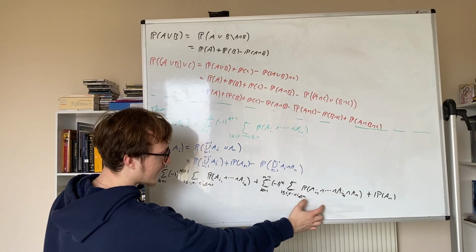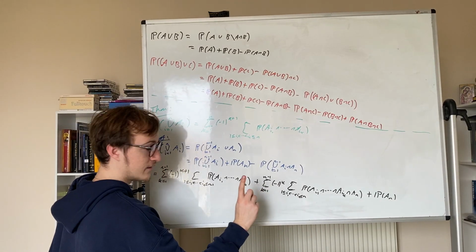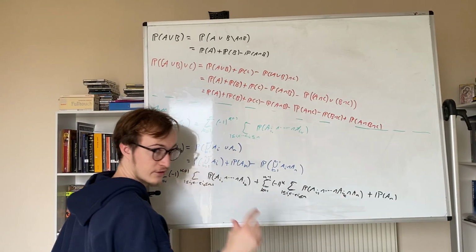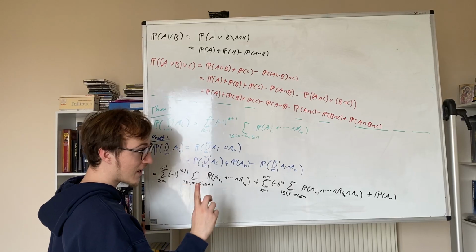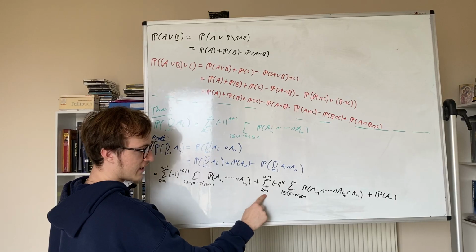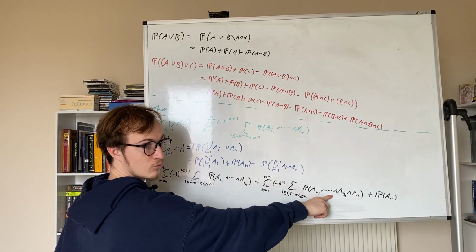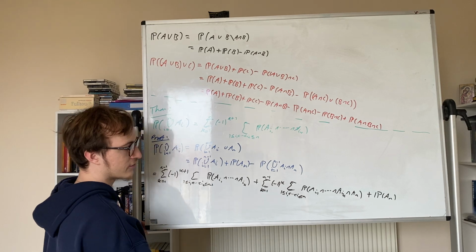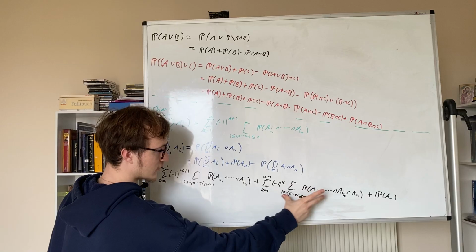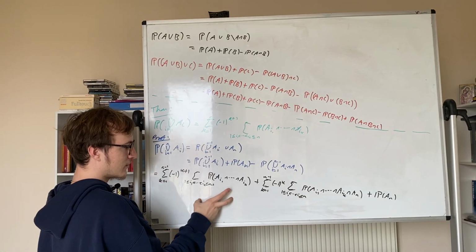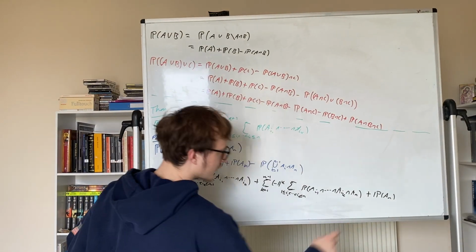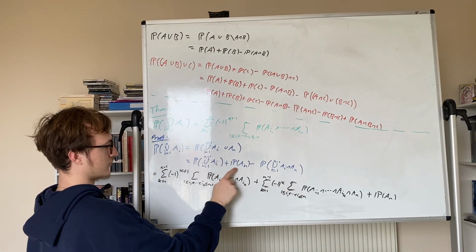In here, we get everything that has An with the sign adjusted because the extra An is going to flip the sign, except for the singleton, because if you notice this sum, since we're starting from k equals 1, we're always going to get at least one intersection in here. So we get everything with the sign adjusted correctly which contains An. And here we get everything that doesn't have An in the intersection. But now we just get the extra singleton from here.